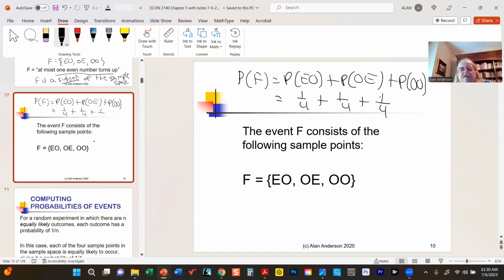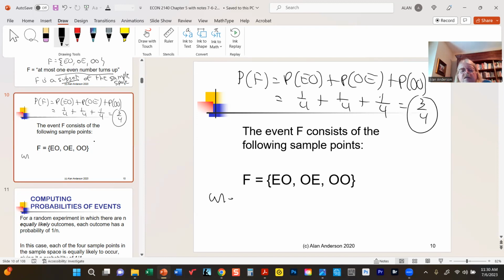So since F contains the outcomes EO, OE, and OO, it stands to reason that the probability of this happening is 3 out of 4. Now, here's a shortcut, though.